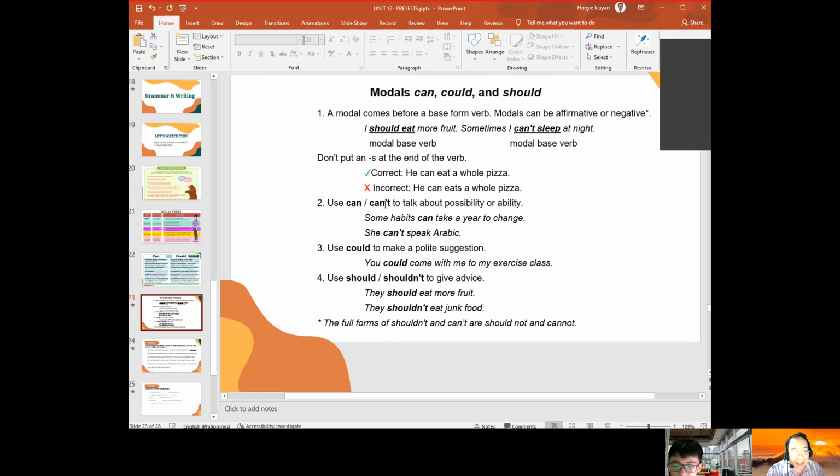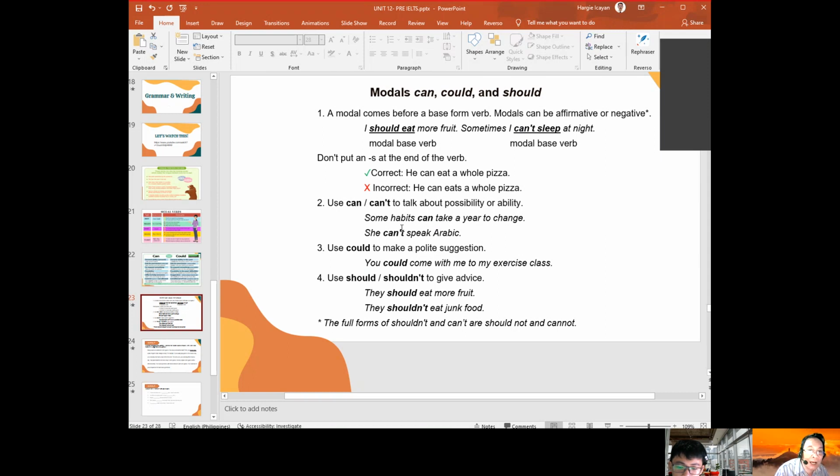If it is a negative one, you have to say can't. For example, can you read this one, Koi? Some habits can take a year to change. Or you can also use the negative one. She can't speak Arabic.